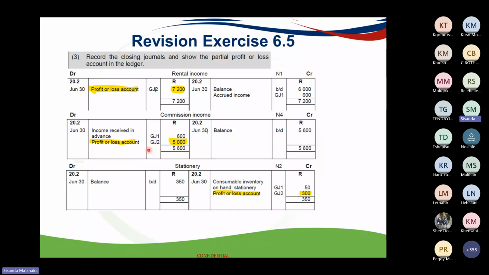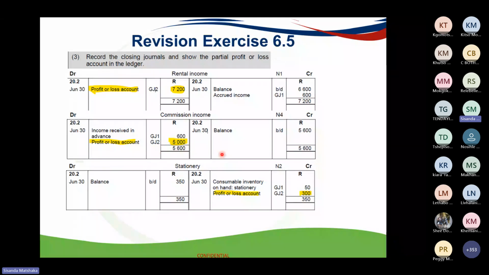Our adjusting entries were whereby we had to take out the portion which related to the income received in advance, which related to the next financial year. Then the closing of this account results in this 5,000 rand being what we close off to our profit and loss account.